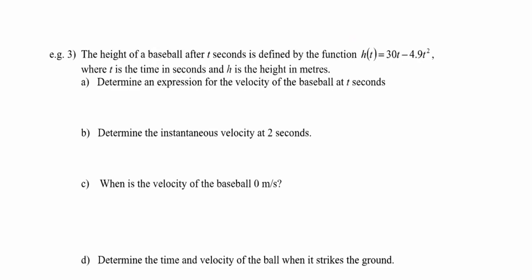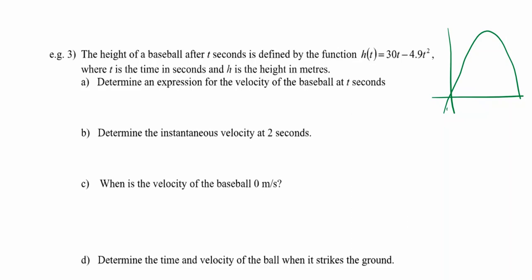This was our expression for the position, or the height, at any given time. So if we want to figure out the velocity, then we want the slope at any given point. Again, I like graphs, they help me. So this graph would do something like this. We know that it's going to be opening down like that. It's a parabola.